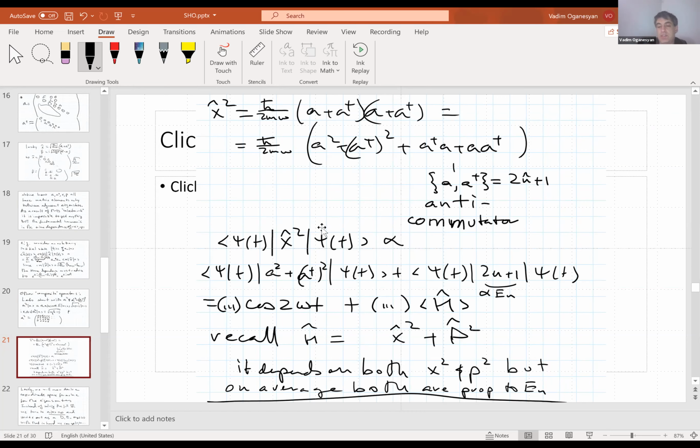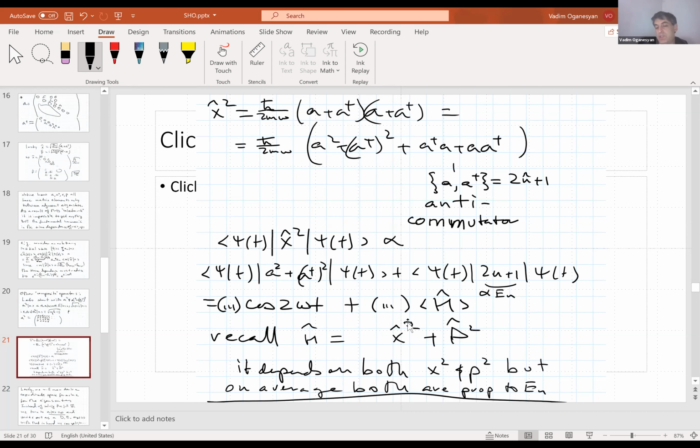So the funny thing is that when you look at the time dynamics of this X squared, you're guaranteed to get a contribution which now oscillates at twice omega, but you're also guaranteed to get a contribution proportional to the average energy, which doesn't oscillate at all. I put dots here because I didn't want to work out the constants. You shouldn't be surprised by this: the energy is x squared plus p squared.